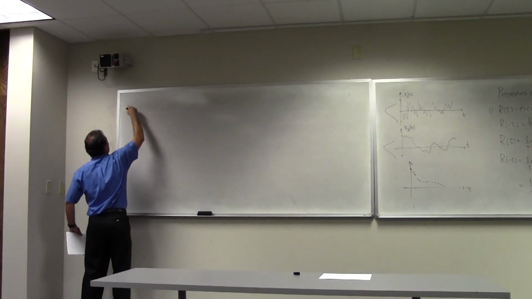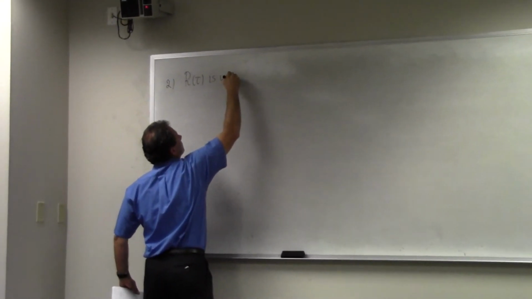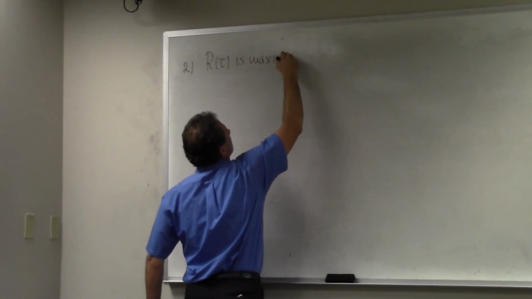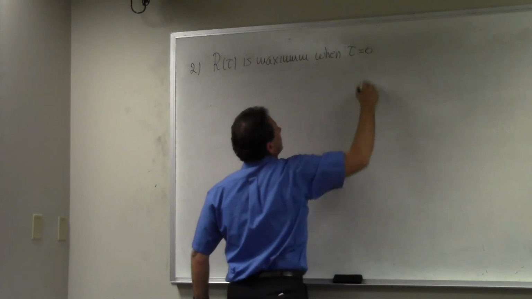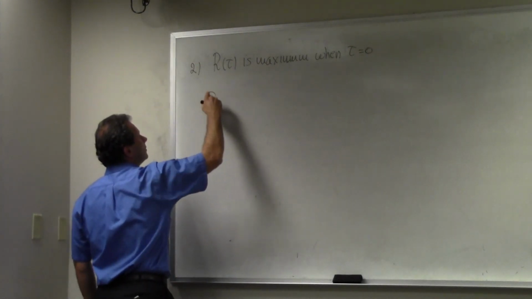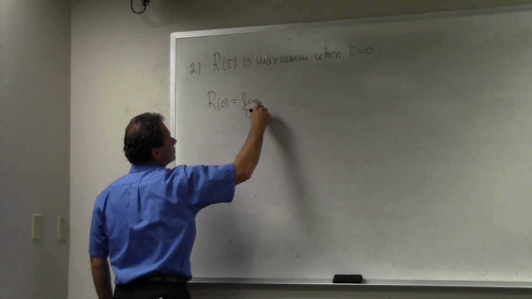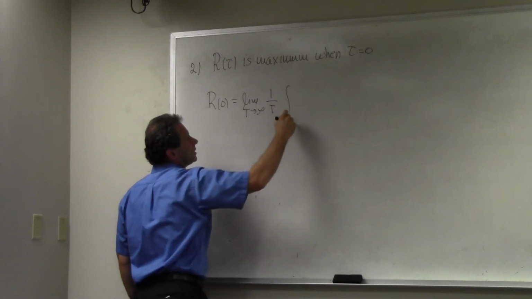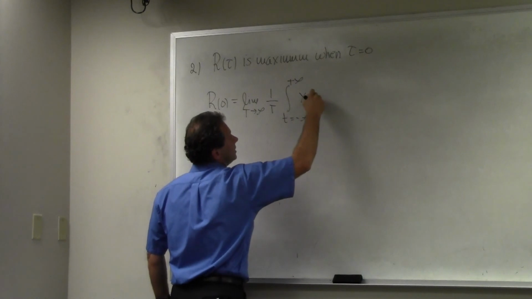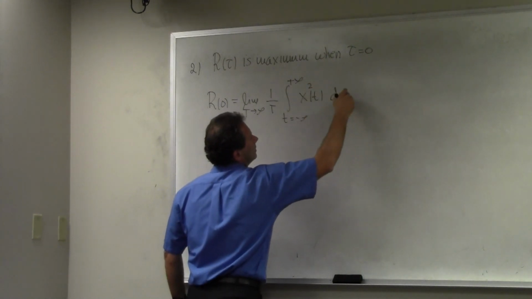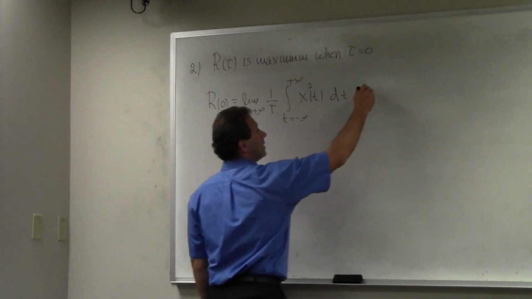So, second property, R of tau is maximum when tau equals 0. In that case, R of 0 is equal to limit when T goes to infinity, 1 over T, integral from minus infinity to plus infinity, x of t times x of t. Now, how do we call this? Power, right?